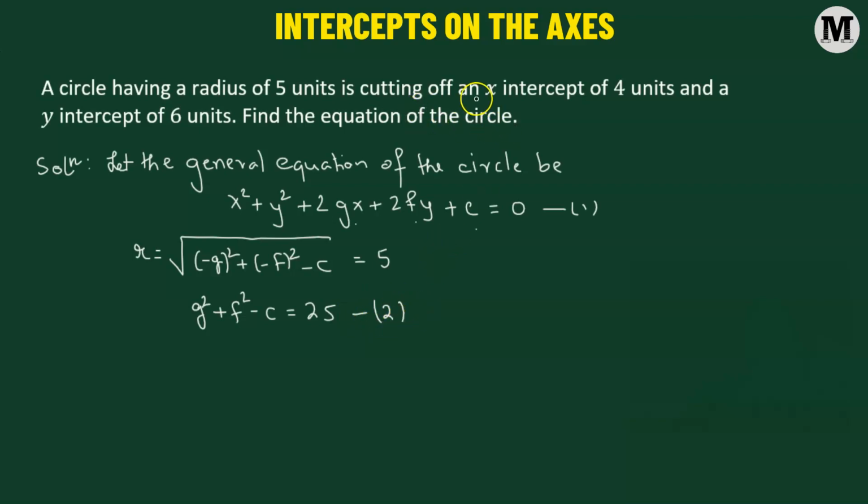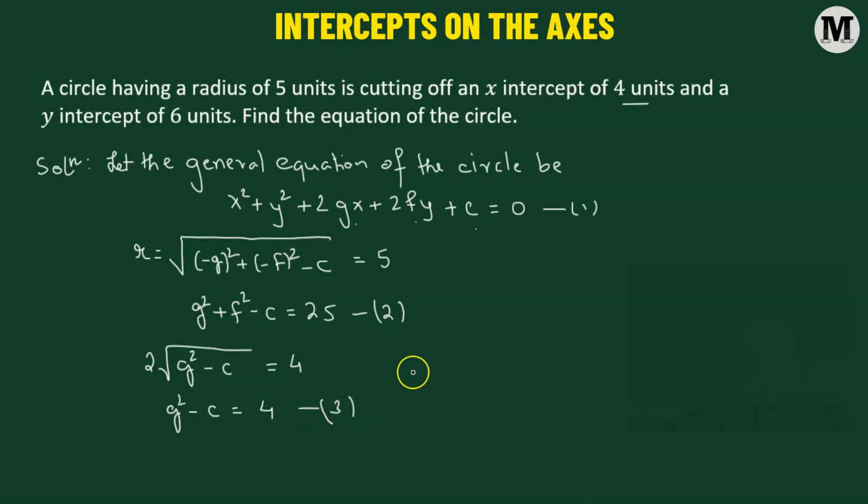It's given here that the circle is cutting off an x-intercept of 4 units, which means that the length of the x-intercept, which is given by 2 times the square root of g squared minus c, is 4 units. If we simplify this, we get g squared minus c equals 4. Let this be equation number 3.